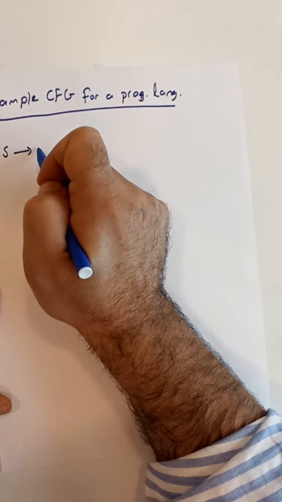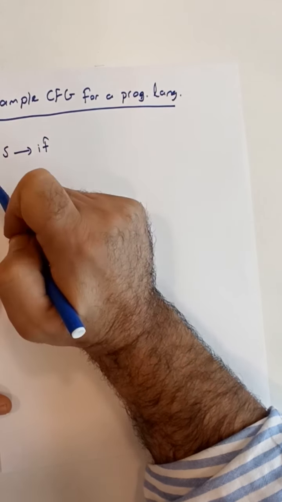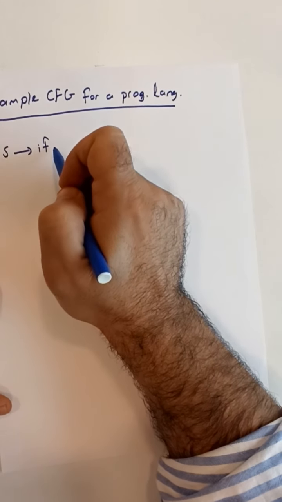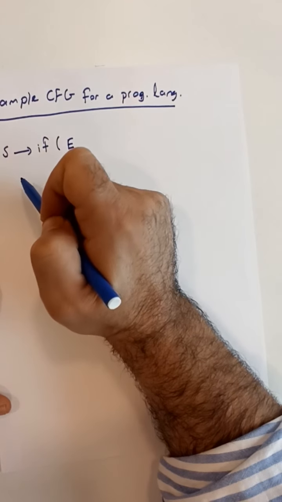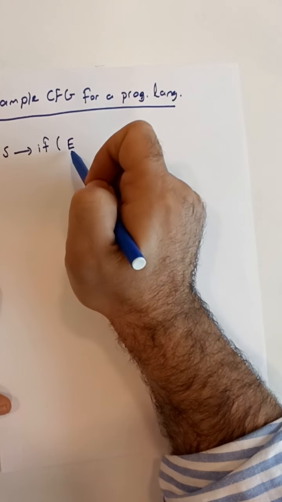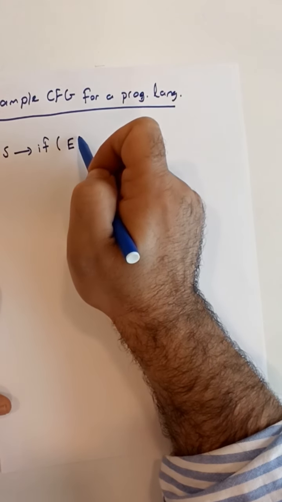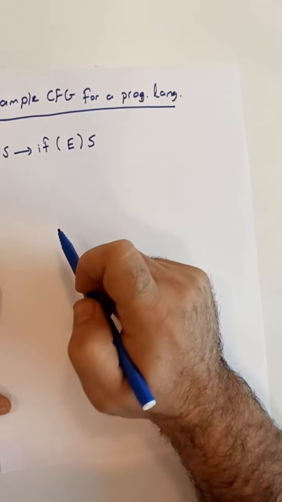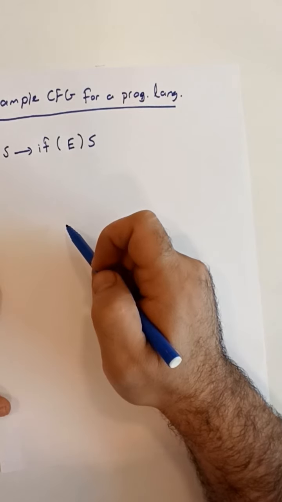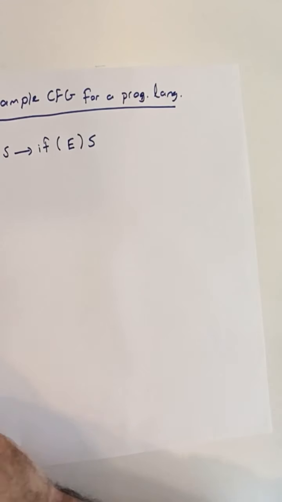A statement can be an if statement, which can be defined as follows: if, in parentheses, write an expression, denoted with the variable E, followed by, again, some other statement. In this case, S and E are our variables.